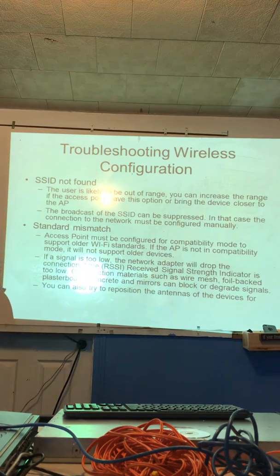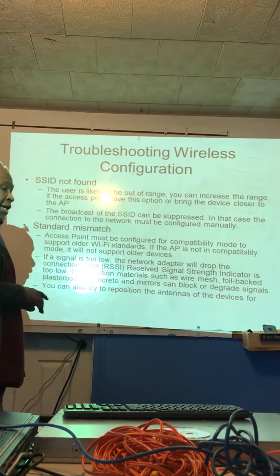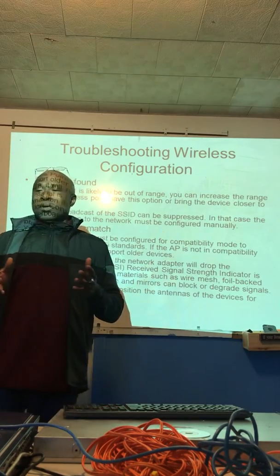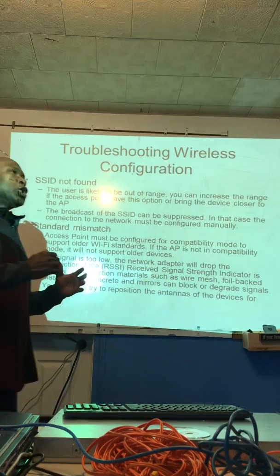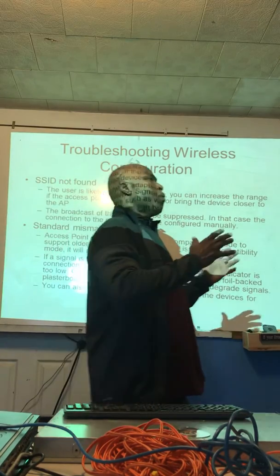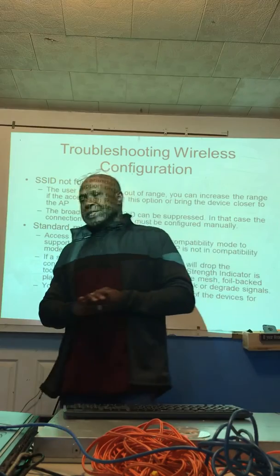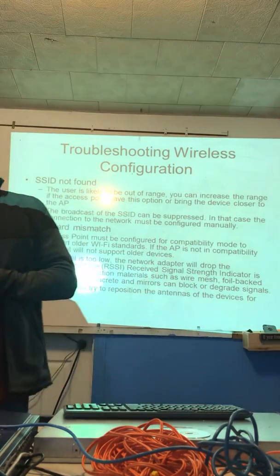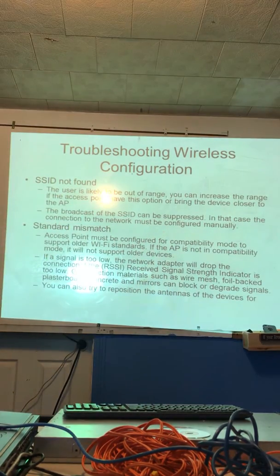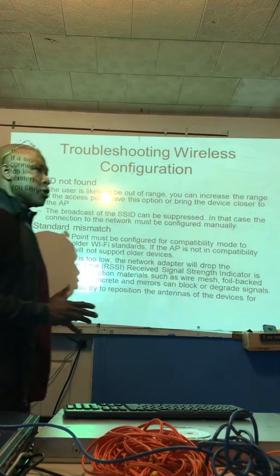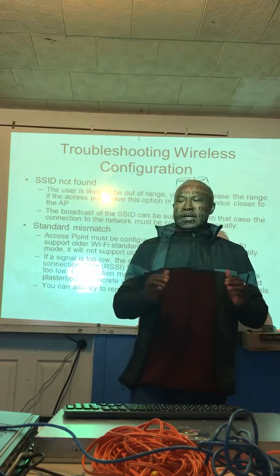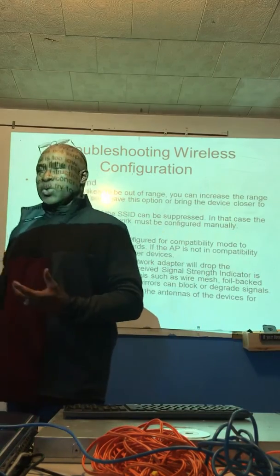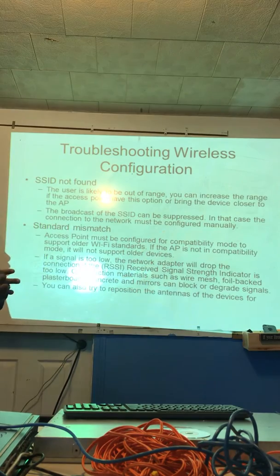you have a lot of difficulty with your wireless connection. So it is very important to be aware of your surroundings, because in those places, maybe you need to put in more wireless access points. This is not going to be something difficult, because if you have a dead spot, or a location in a building where the wireless signal is not strong enough, you may have to put in a wireless access point.